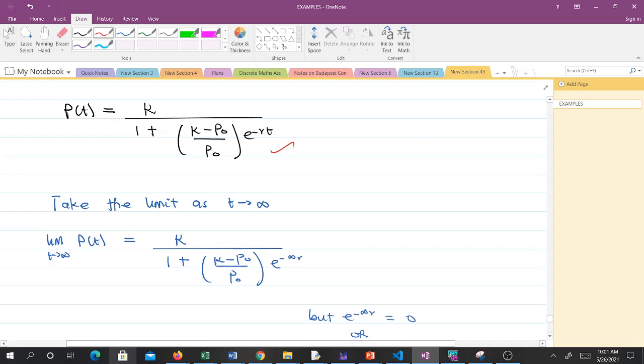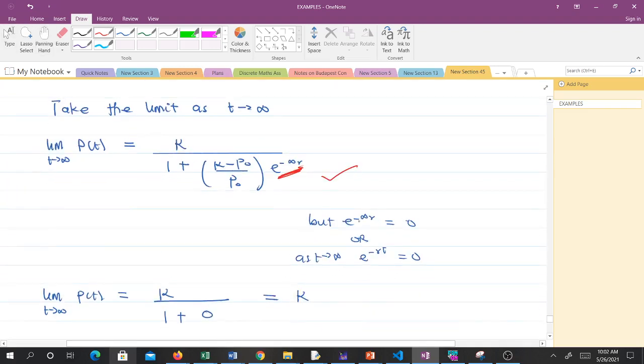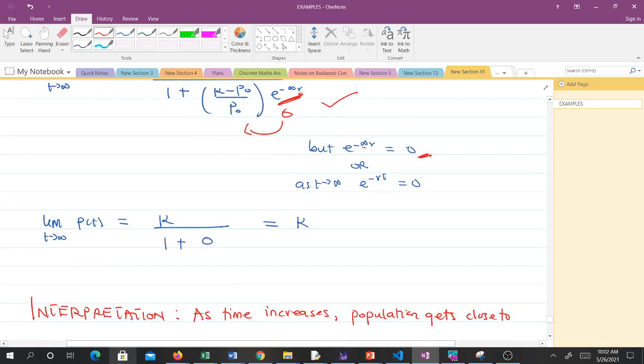As t approaches infinity, this exponential function, when we have a very large value, will be 0. So that means the whole of this will be 0. When you multiply 0 throughout, we get 0 for that part. So we get K over 1 plus 0, which will be K.